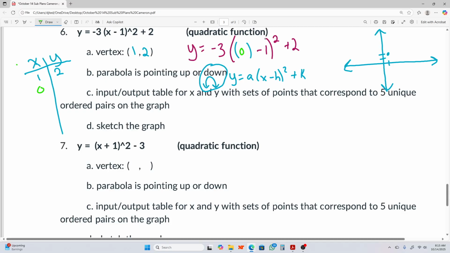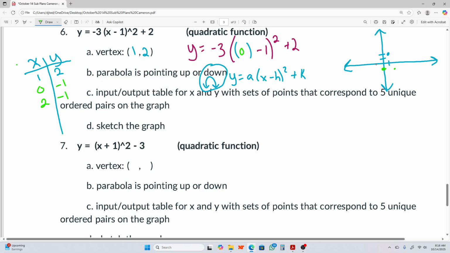Negative 1 squared is positive 1. Positive 1 times negative 3 is negative 3. And then negative 3 plus 2 is going to be negative 1. So when x is 0, y is negative 1. That's going to go right here. And I know the mirror image is also true, right here. So when x is 2, y is negative 1.